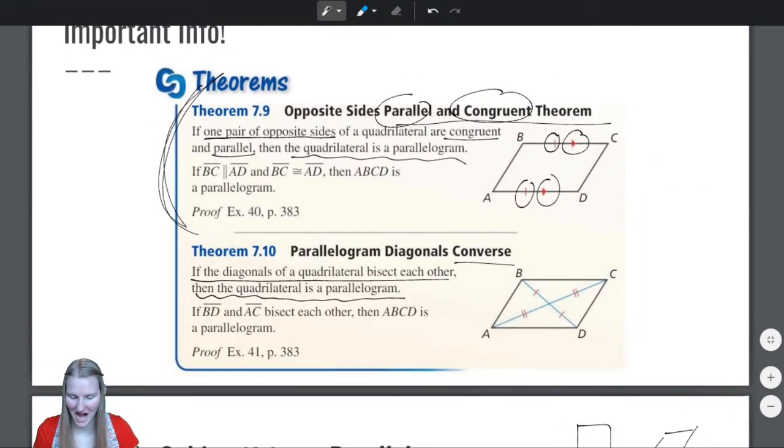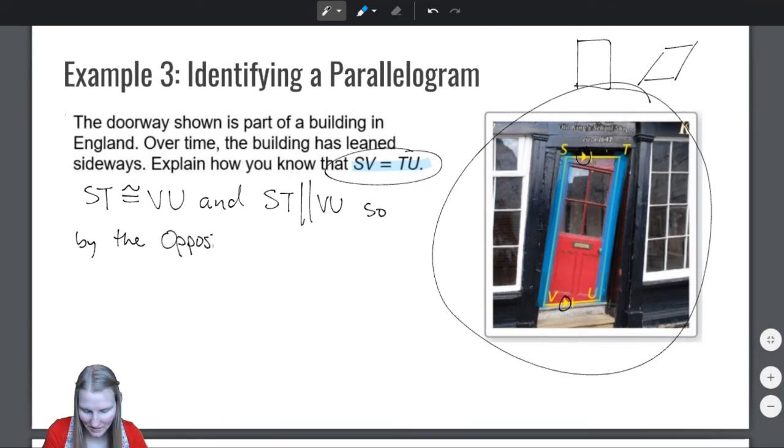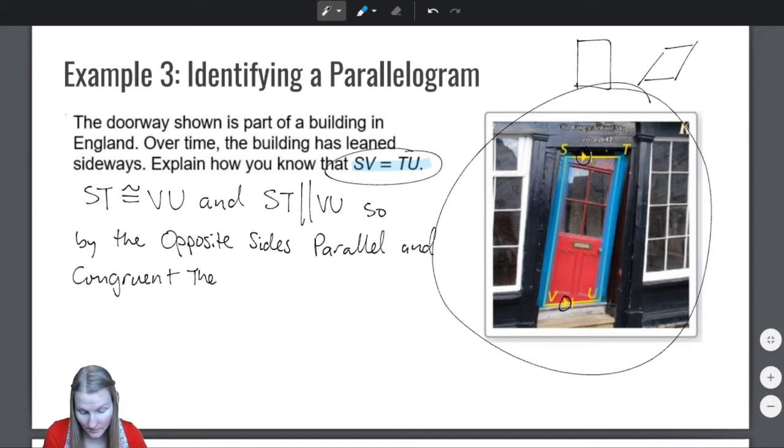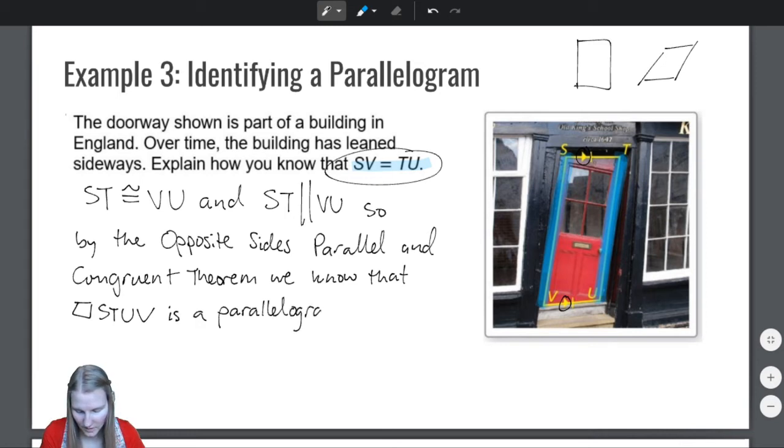By the opposite sides parallel and congruent theorem, we know that quadrilateral STUV is a parallelogram. So we know that this door is a parallelogram.